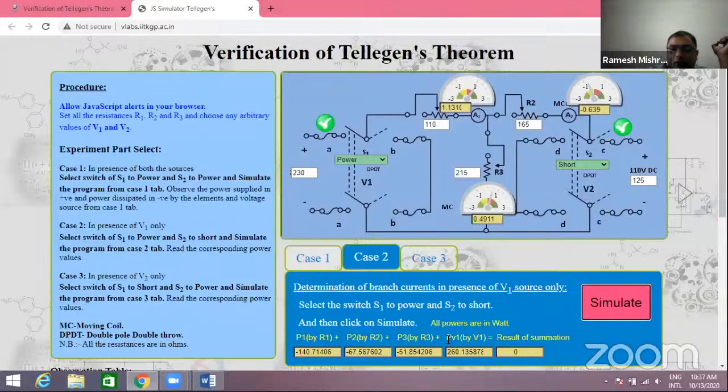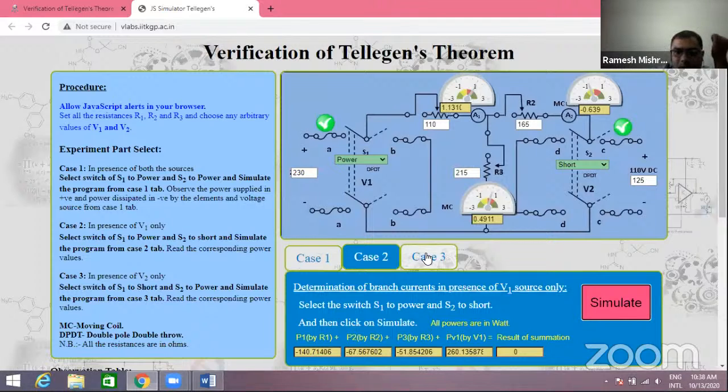After calculating all these powers, the summation is equal to 0, which means this circuit verifies the Tellegen theorem.